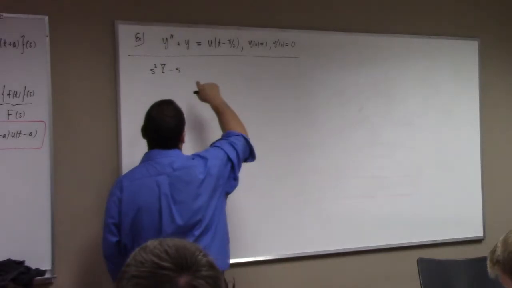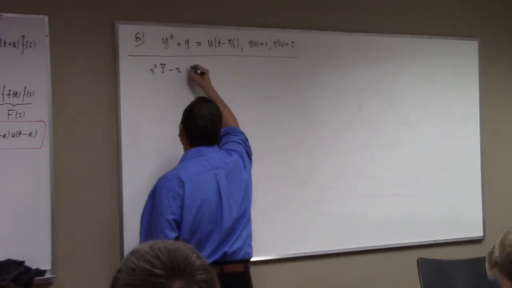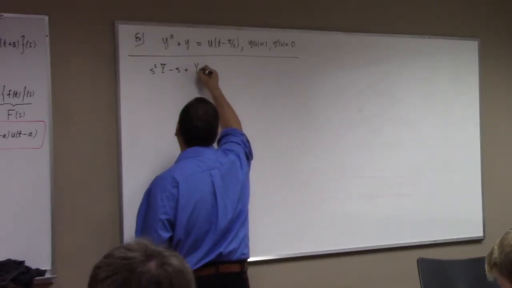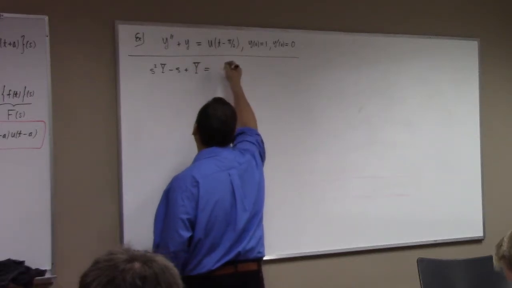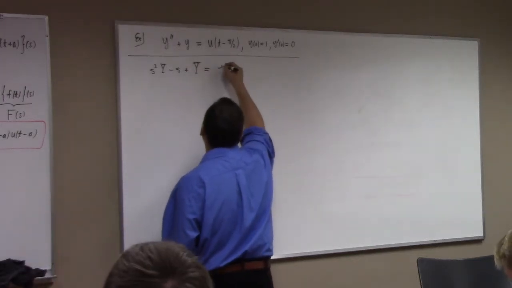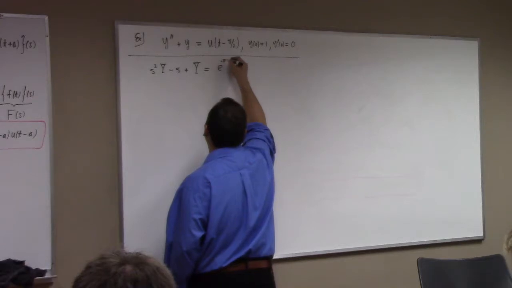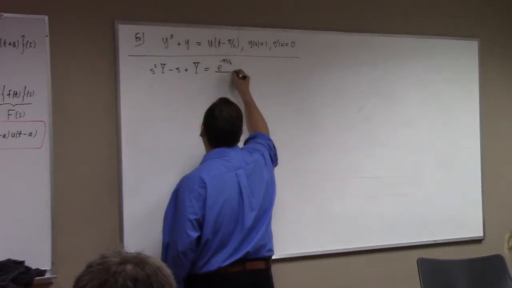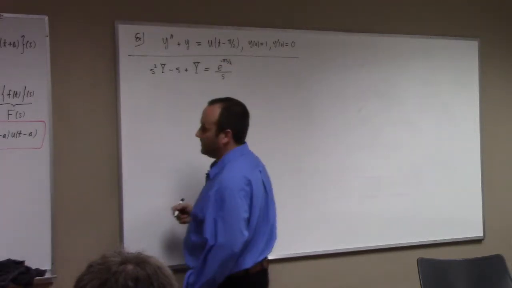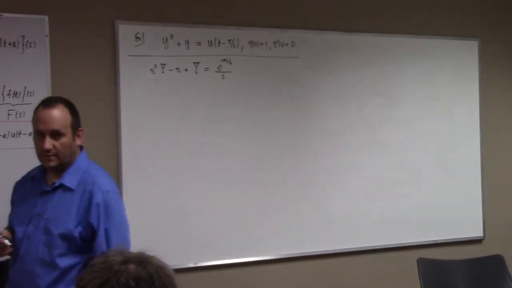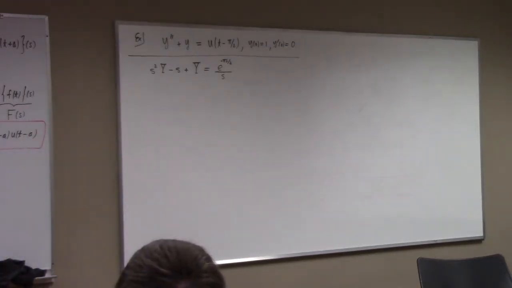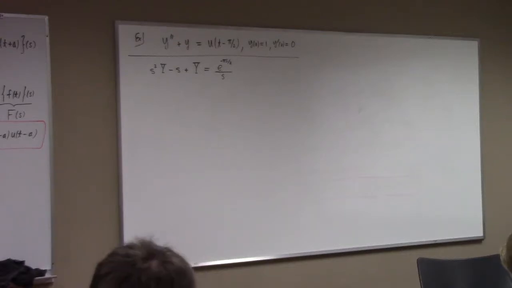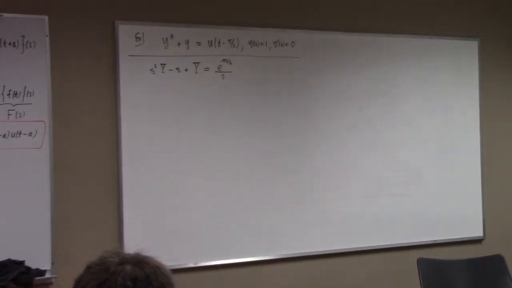And y prime of 0 is like minus 0, but that's not there. And then plus the big Y equals this one, which transforms to e to the minus pi s over 2, divided by s. We just derived the Laplace transform of the unit step function. I think I just erased it, though. Oh well, I used it.